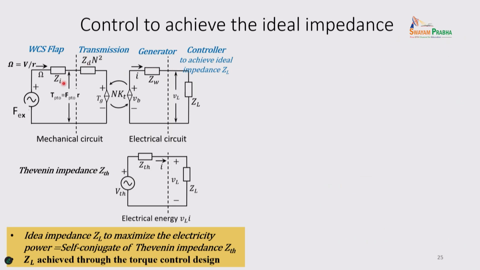Now, the same figure you just drew here. That is torque times rotation speed, or force times velocity. That's mechanical power, right? Electric power is here, voltage and current. And Thevenin's impedance means, for any resource system like that, you look into it, there's an impedance here, right?